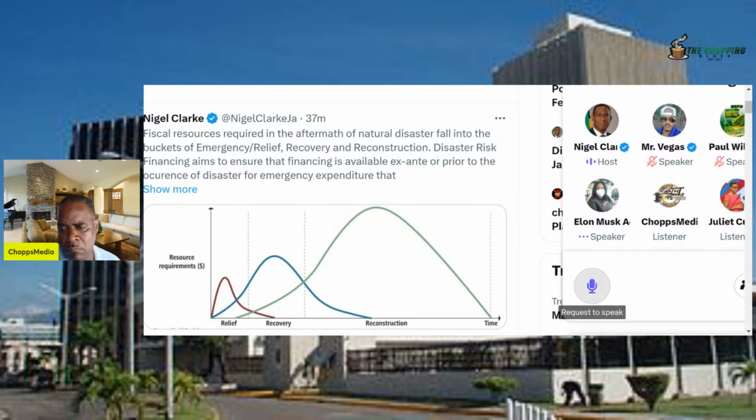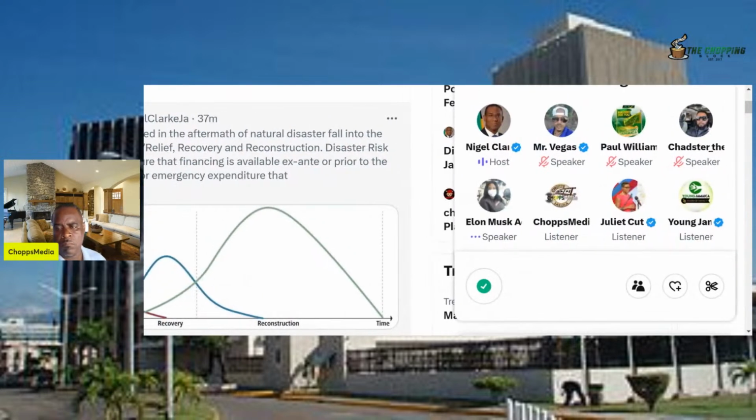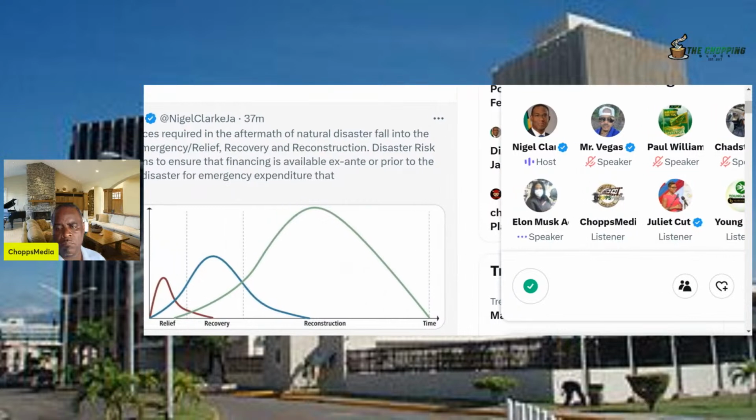Because again, ladies and gentlemen, God forbid that we have a hurricane of Beryl's strength in the Eastern Caribbean passing through Jamaica. God forbid. What the credit rating agencies looked at is, if that were to happen, Jamaica has not just one instrument, but a lot of instruments that can deliver resources that can help us to respond quickly.